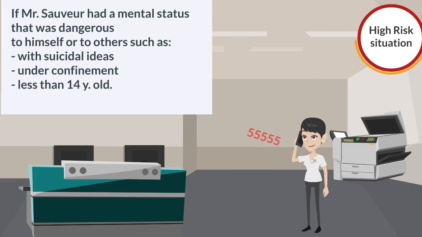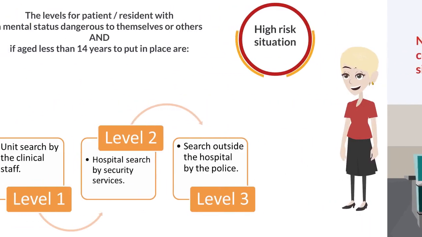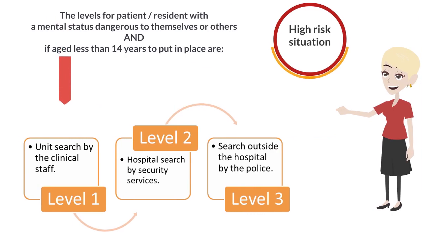If Mr. Silver had a mental status that was dangerous to himself or to others, a level 1 and 2 must be activated simultaneously. The search simultaneously occurs on the unit at level 1 and all around in the hospital at level 2.